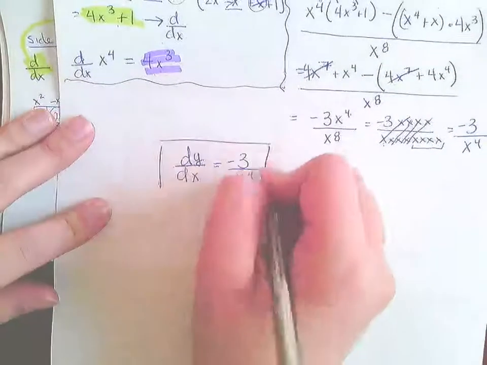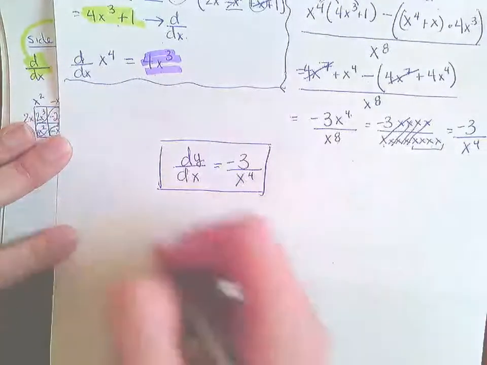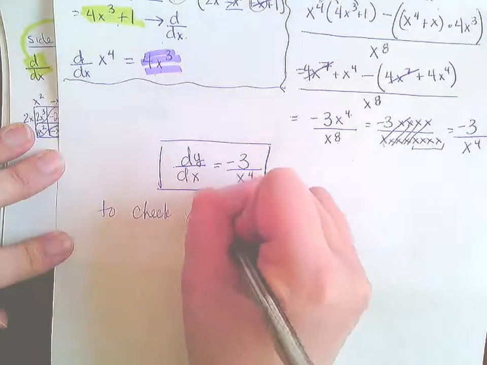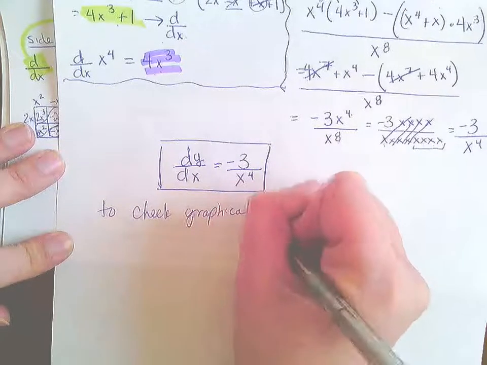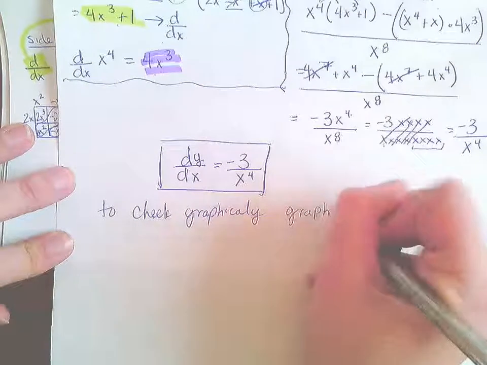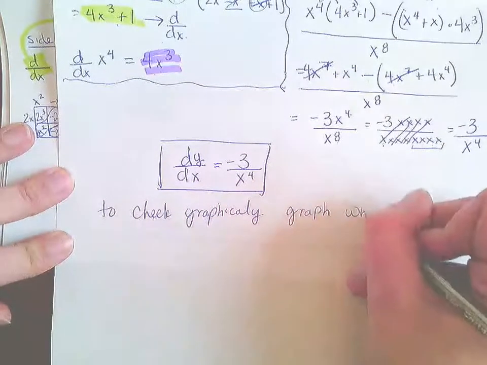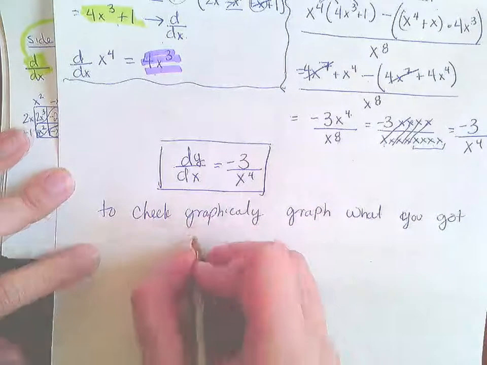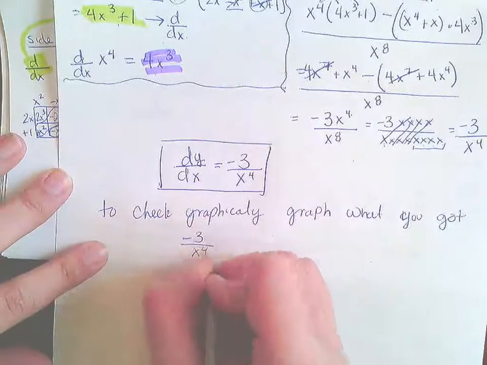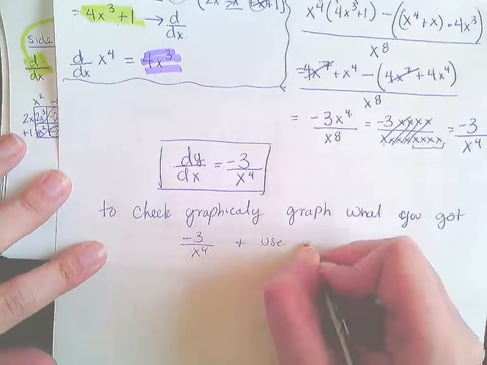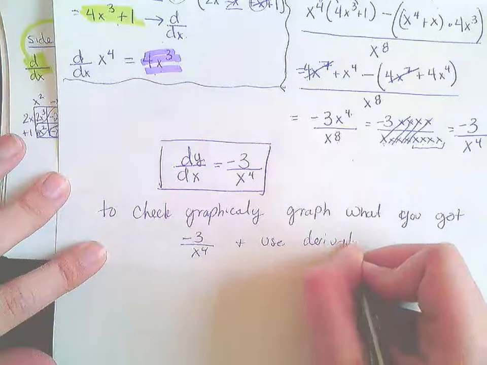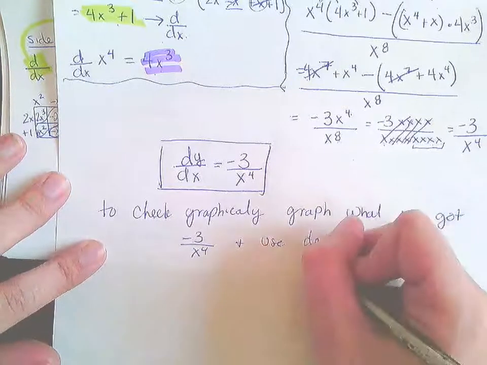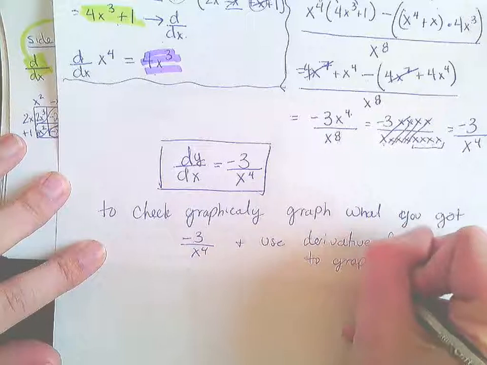Now, the way we check this graphically, to check graphically, graph what you got, which is negative 3 over x to the 4th, and use the derivative function to graph the problem.